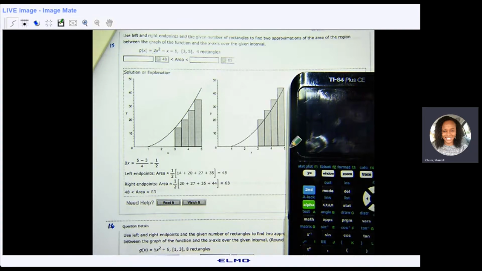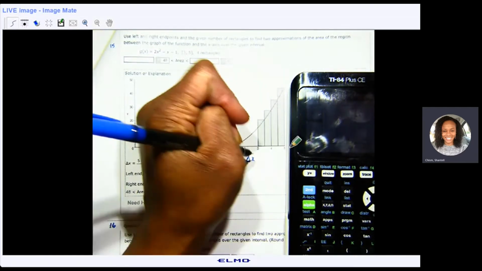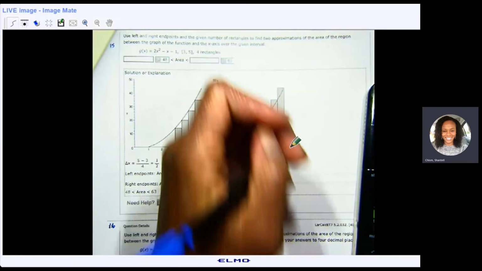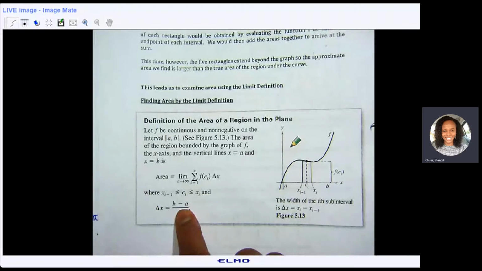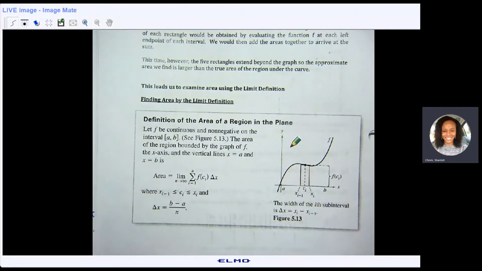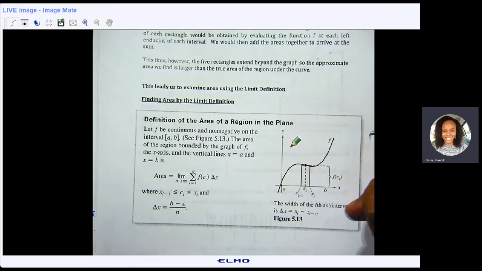Okay, I was trying to find my formula. Oh, there it is. Delta x. This is on page 6 of the notes. It came from the definition of area of a region. I was struggling to find that. So what we're doing is taking a certain region under the curve and dividing it into subintervals.